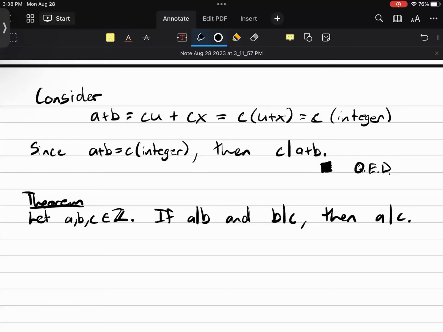Now what we want to show is a transitive property for divisors. If A divides B and B divides C, then A divides C. So we want to prove this.